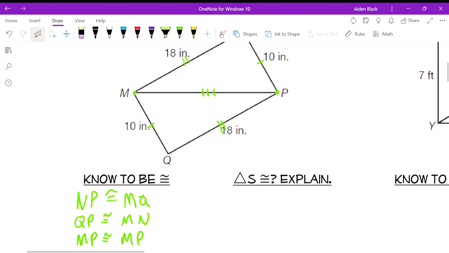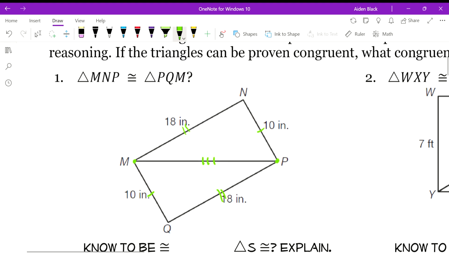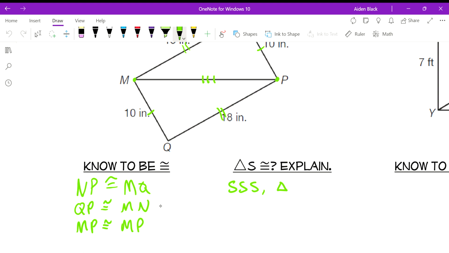Are the triangles congruent? Just with this information here, we can say yes by side, side, side. We know that these triangles are congruent. Let's make sure we get this order right. Order goes M goes to P. That's our first letter.